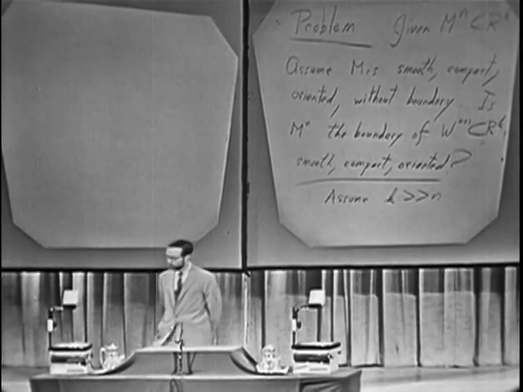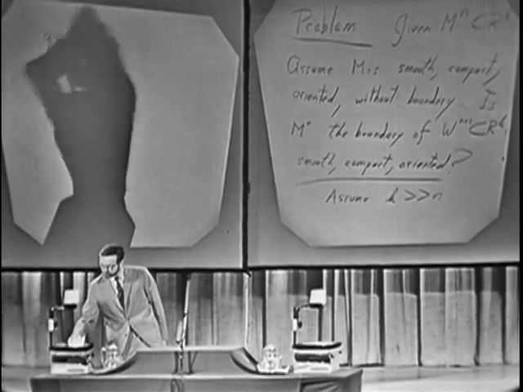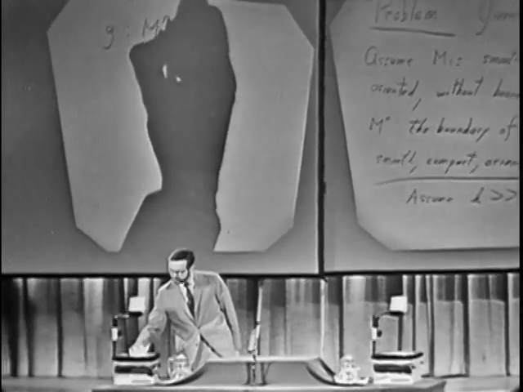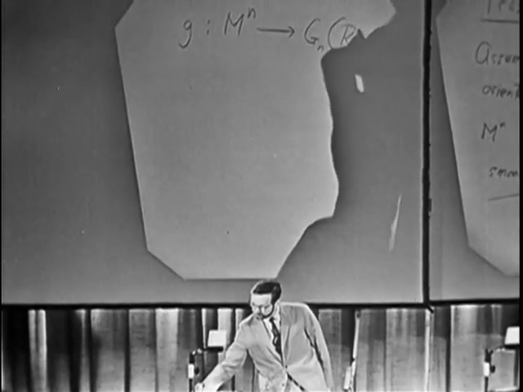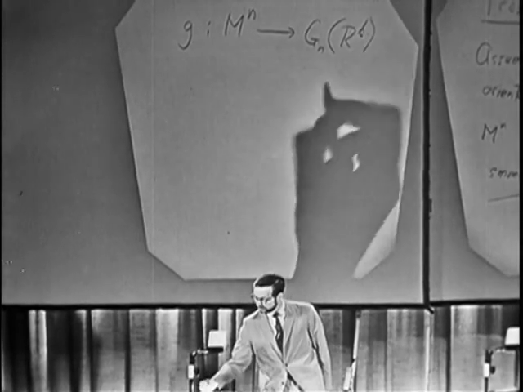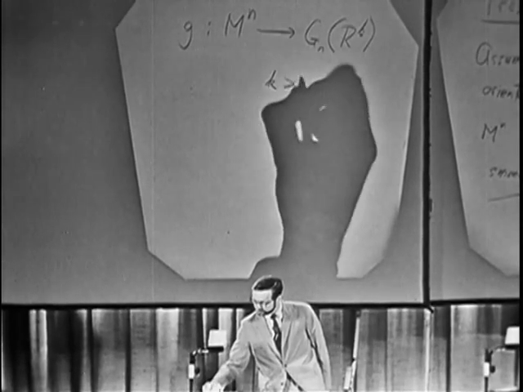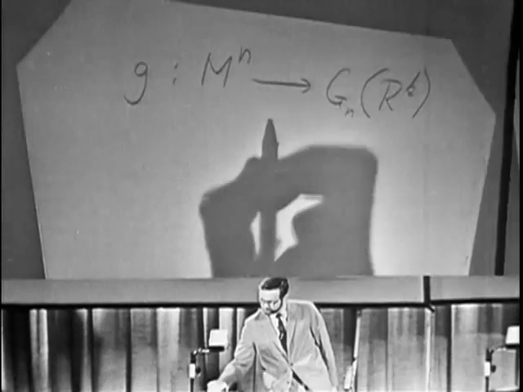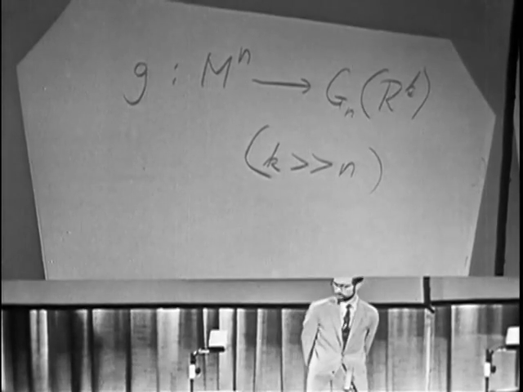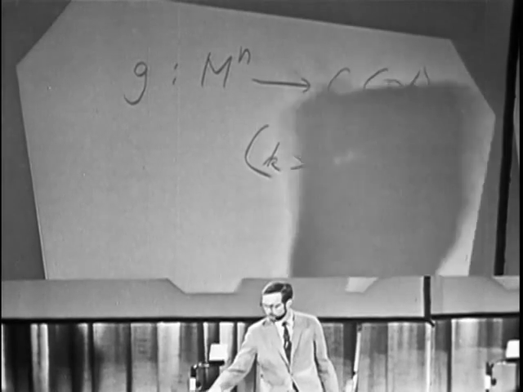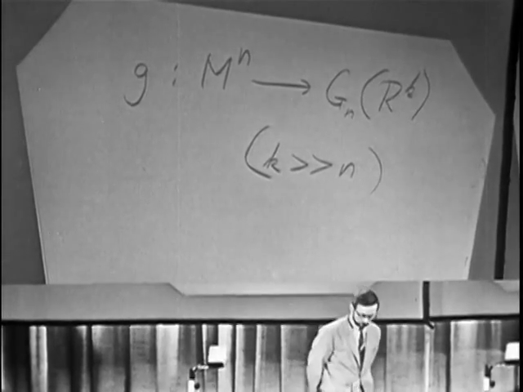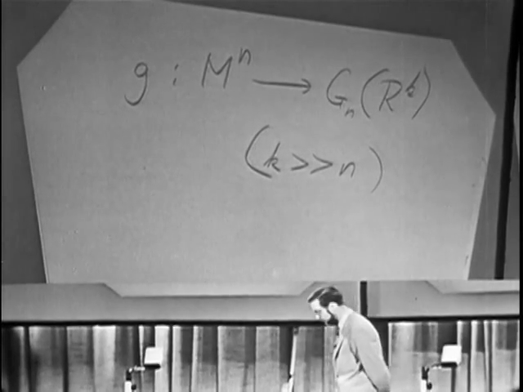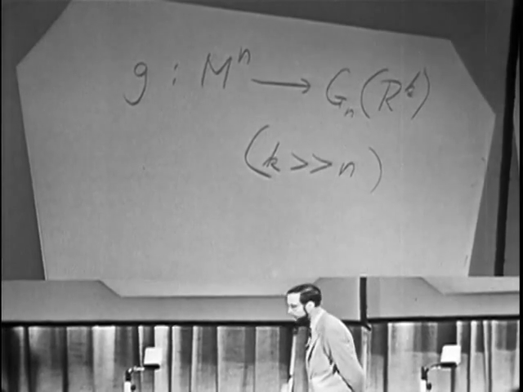If we're given the manifold, we can consider the Gauss map from M^n to the Grassmann manifold of n-planes in K space. And here again, let me emphasize that K is large. And it turns out then that the essential properties of this space depend only on n. Well, I guess I'd better delete that statement.